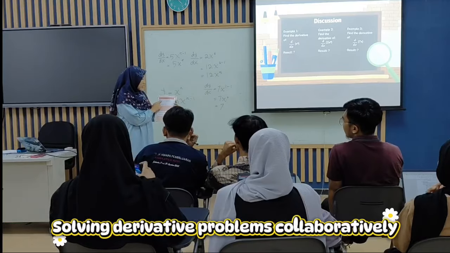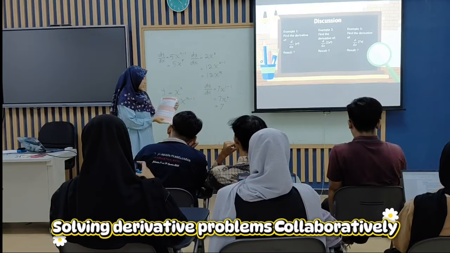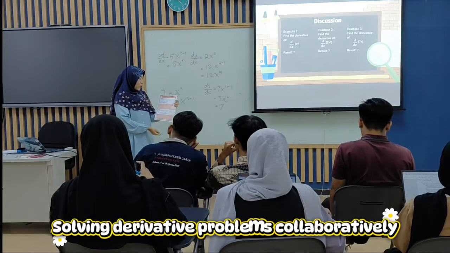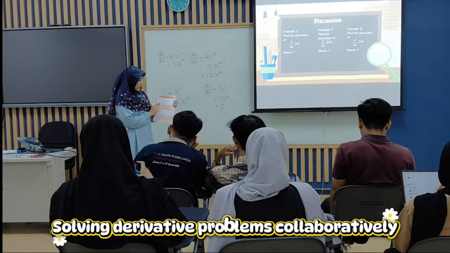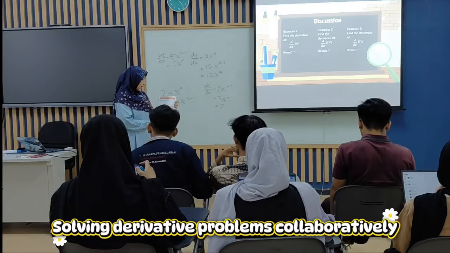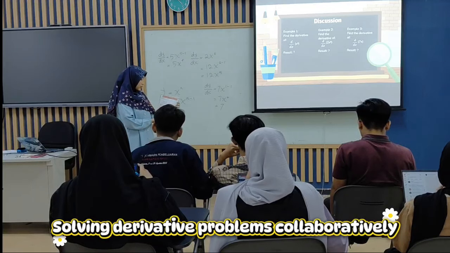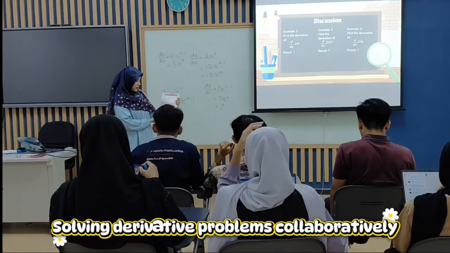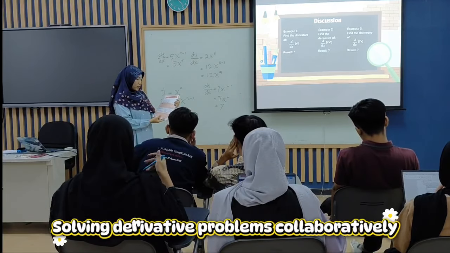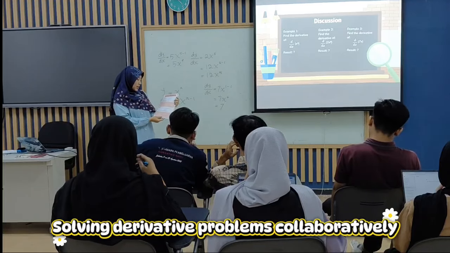Problem 3. A car moves along a straight path with the given position function. Find the velocity function of the car and determine the velocity at a specific time. Last problem. The displacement of an object is given by a model.